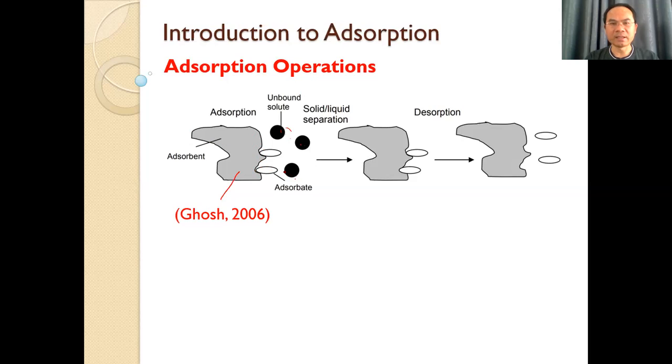After the adsorbate is attached to the surface, we separate it by what we call desorption. After desorption, the adsorbate or solute is removed from the surface of the adsorbent.